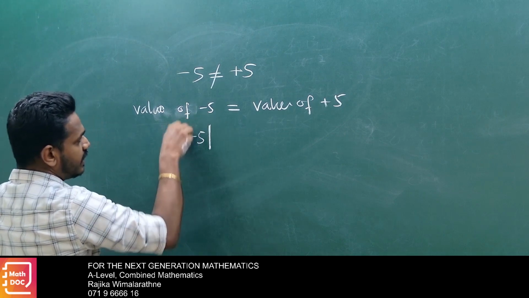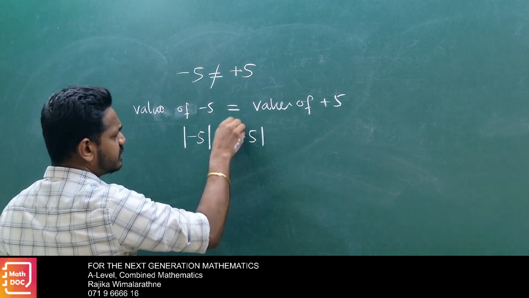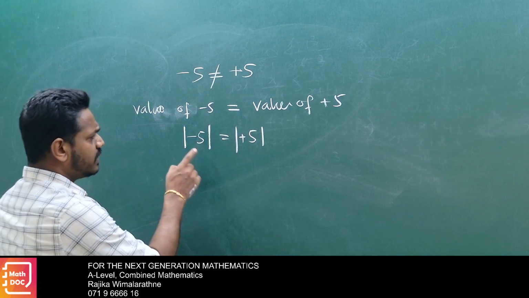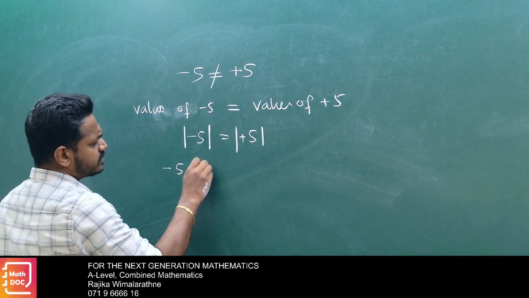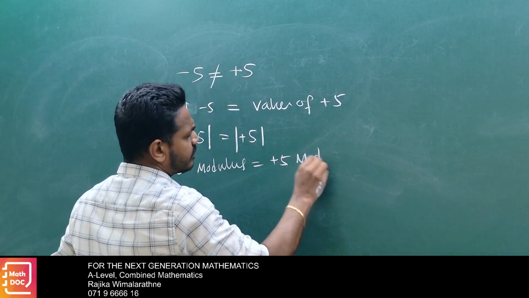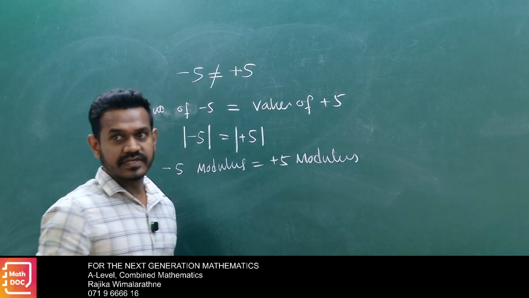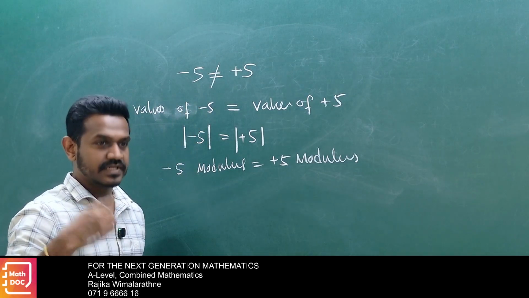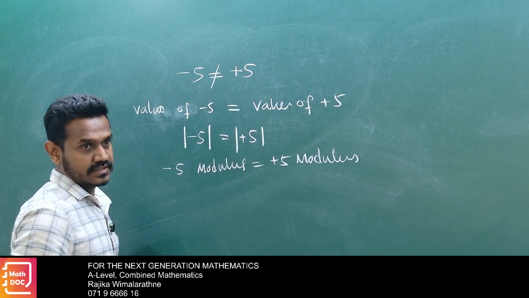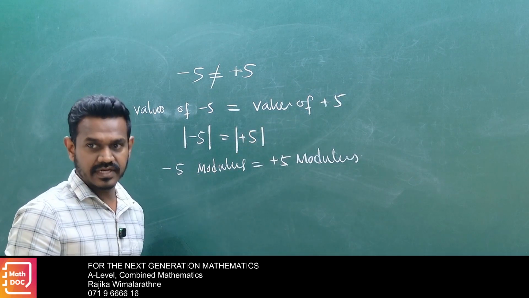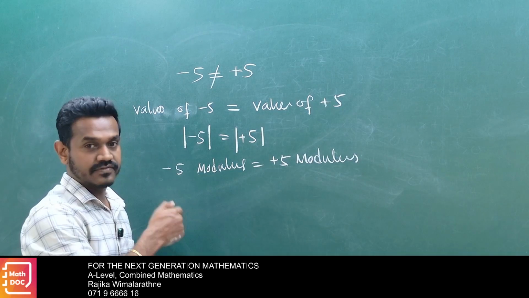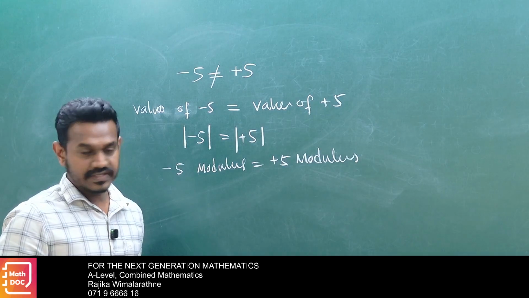Here, parallel lines: plus 5 modulus, they are the same. Minus 5 modulus equals plus 5 modulus. So getting modulus means removing the sign, especially the negative sign. For plus, there is no need to remove it because the value is always positive. That means the negative is affected by modulus.